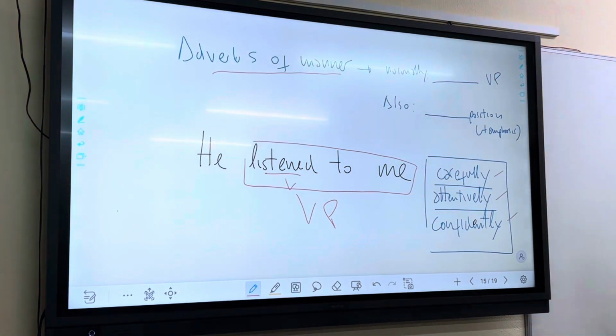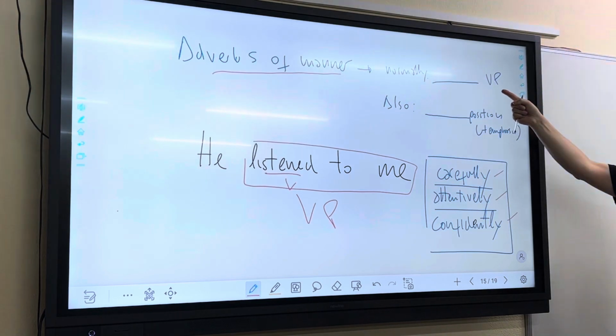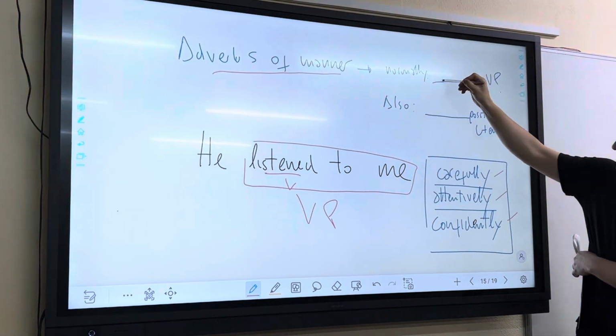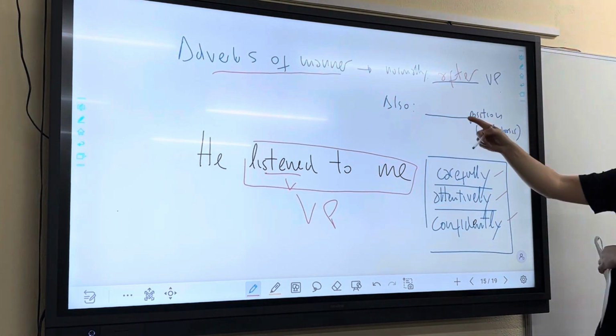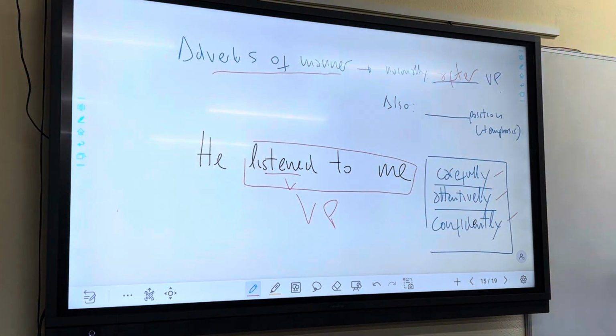So normally they go after or before the VP, the verb phrase. Normally they go after the verb phrase. But also, you can place them somewhere else for emphasis. The typical place for emphasis?